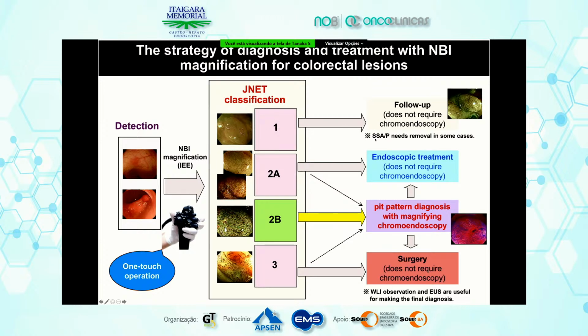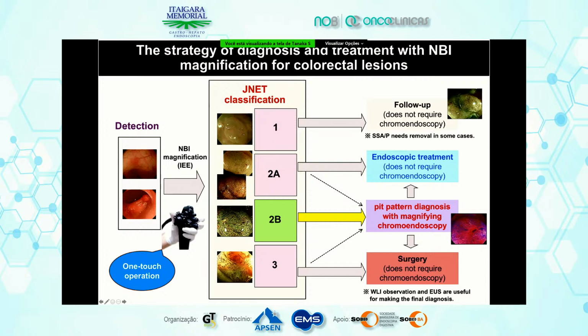But SSAP needs removal in some cases, for example more than 10 millimeters or accompanied by cytological dysplasia. JNET type 2A can be treated by endoscopic treatment because type 2A contains mainly intramucosal lesions. Type 3 lesions should go to surgery because of deep invasive carcinoma.